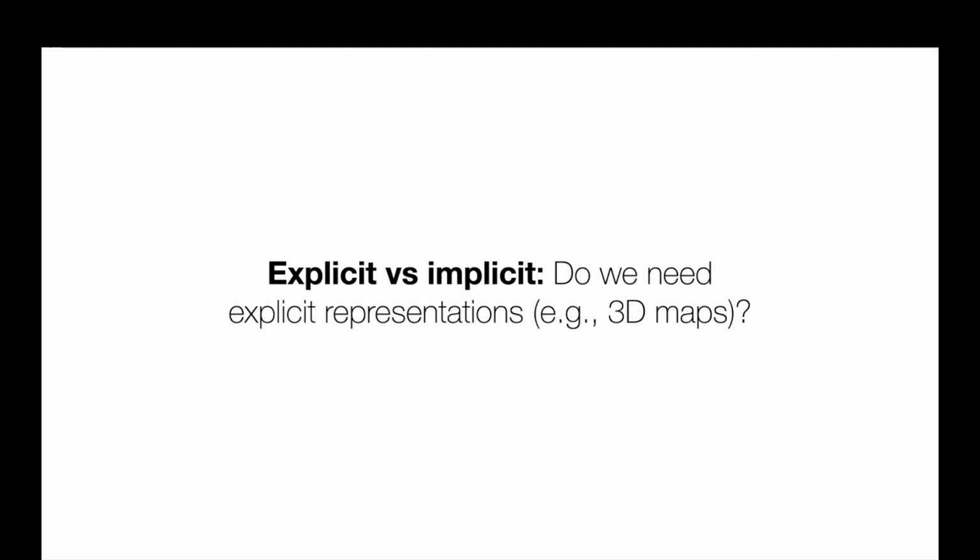But maybe one specific point about explicit representations. These more traditional 3D maps, explicit representations of geometry and such, emerged because of people. As people, we can understand what an environment is if we view it as an explicit representation of the environment, or as a 3D map. We can view it.